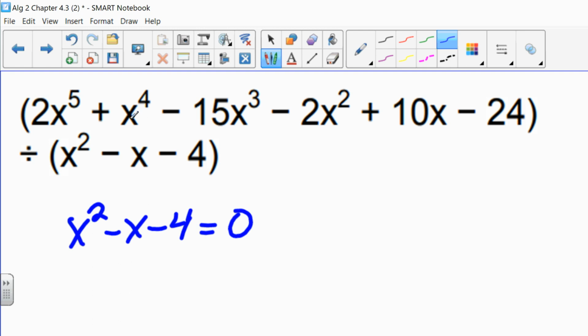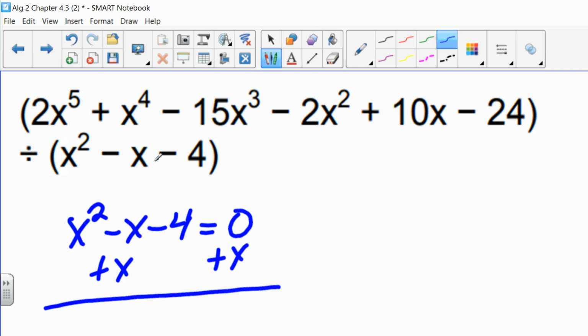So we want to move the other two over. We can do that by adding x and adding 4. We have that x squared is equal to x plus 4.